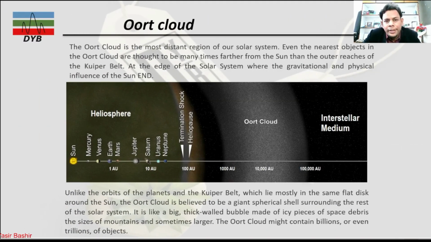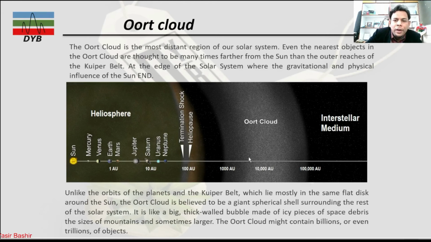The Oort Belt is actually the most distant region of our solar system, and even the nearest objects in the Oort Cloud are thought to be many times farther from the Sun than the outer reach of the Kuiper Belt. If you look here, this is the Sun, and the last planet is here.